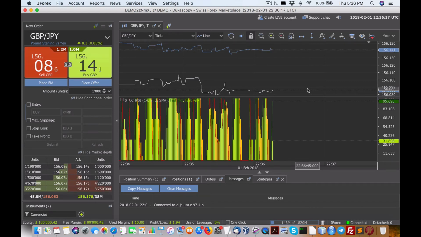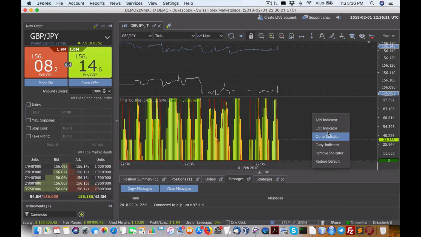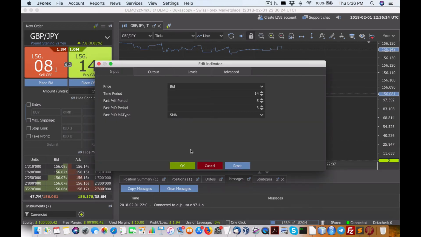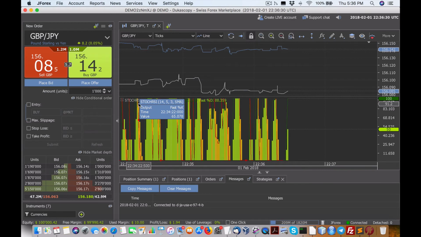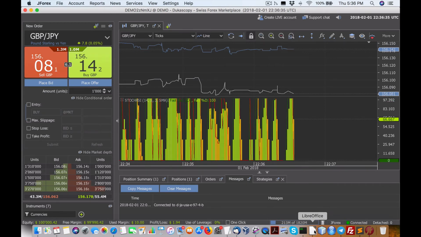So this one, okay, so we are dealing with stochastic RSI. Make a note of that.